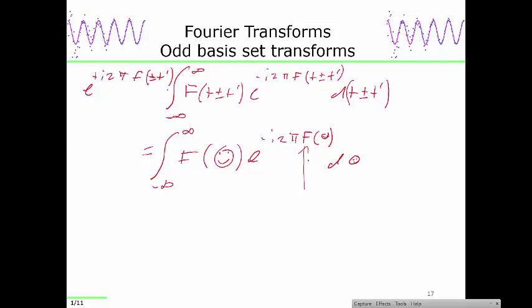And so this then becomes e to the i 2 pi f (plus or minus t prime) times phi of f. And somewhere I'm off by a sign, if I am not mistaken.